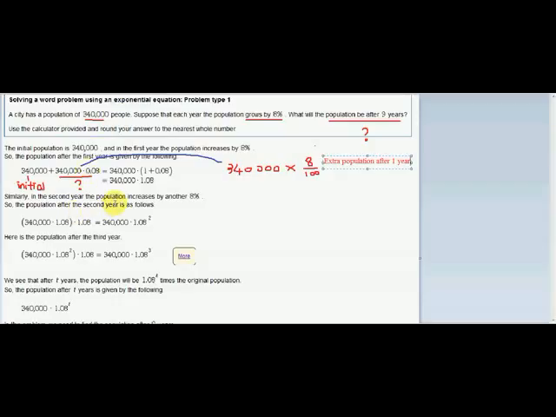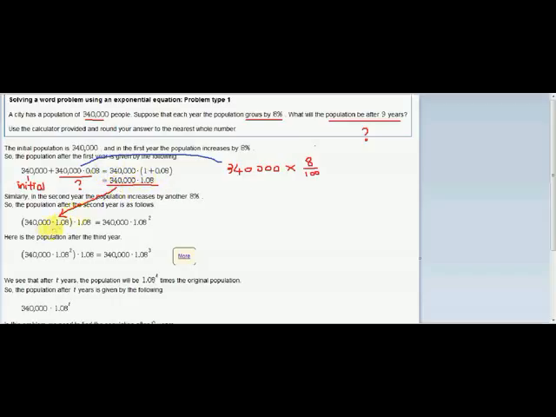Now we're trying to find how many people we're going to have after the second year. So this will be our initial value for the second year, because this is how many people we had after the first year.